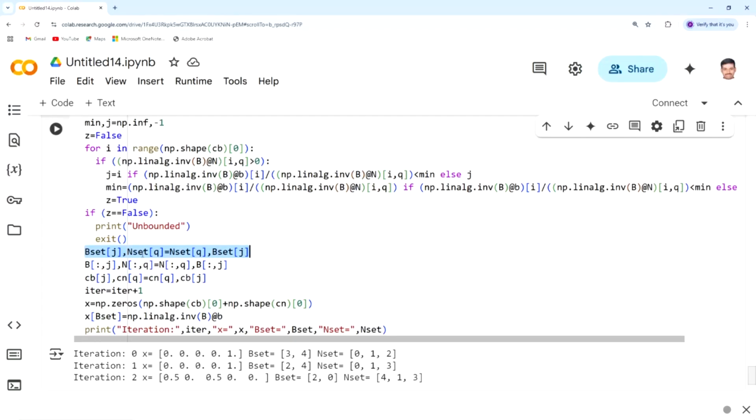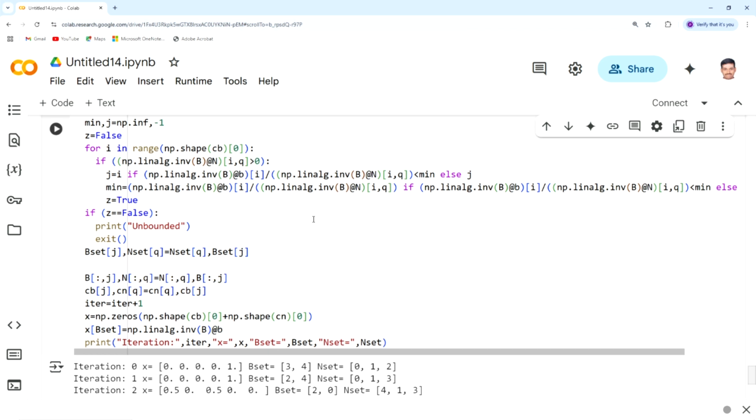Okay. So, in Python, if you are just exchanging two scalars, it is not a problem, you can do a comma b equal to b comma a. But if you are actually exchanging two vectors, sometimes it might cause a problem. Okay. So, this is just exchange of two scalars, not a problem. This again is exchange of two scalars, not a problem, but here it is an exchange of two vectors, right. So, that might actually cause a problem. So, I would like to change that. Okay.